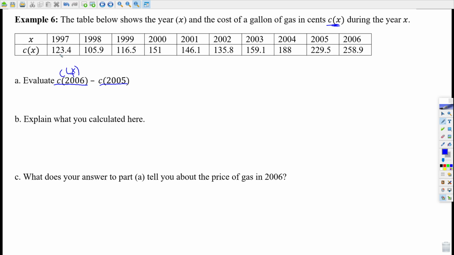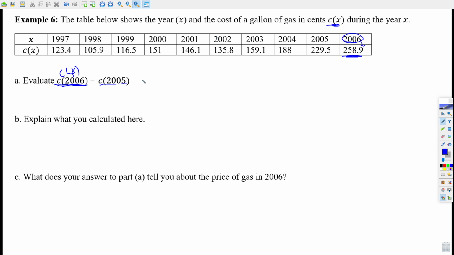So we're going to find 2006 on the x table. It's down here. And they want us to read C of 2006, or in other words, the cost in cents of gas. So we just go down, and here it is.